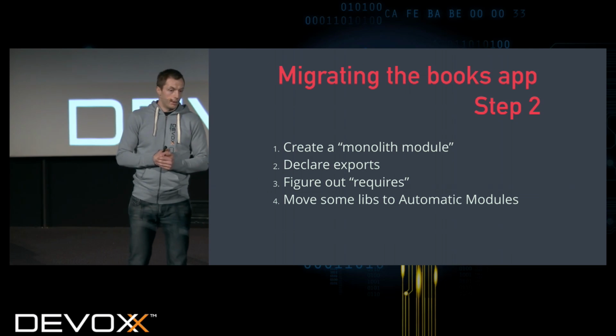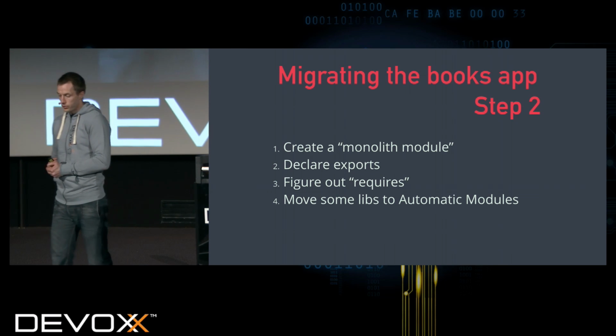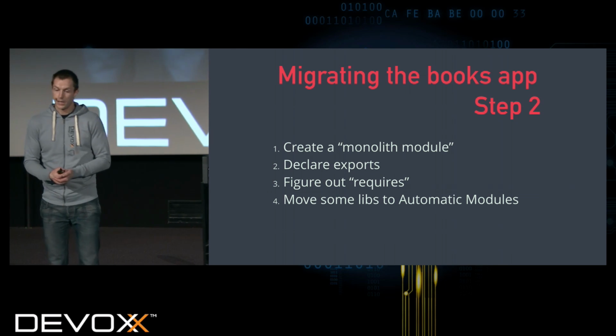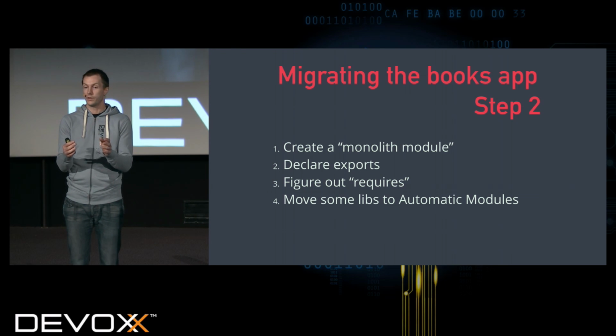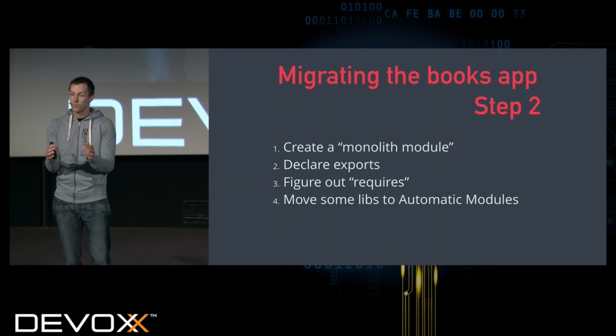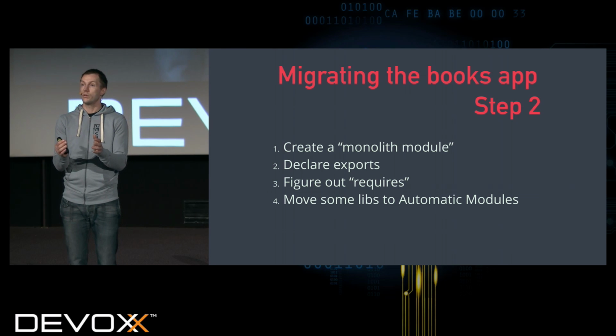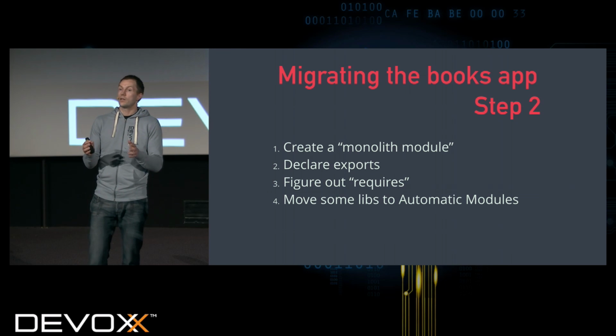Okay, back to the Spring Hibernate stack. What we will do is start modularizing this application, but we will do that by first just creating a monolith module, as we call it. So we just create one big module containing all our source code, exactly the same source code that we've seen on the class path just now. And we will first fix all the technical problems that we will face.